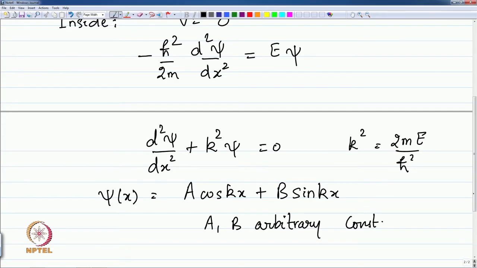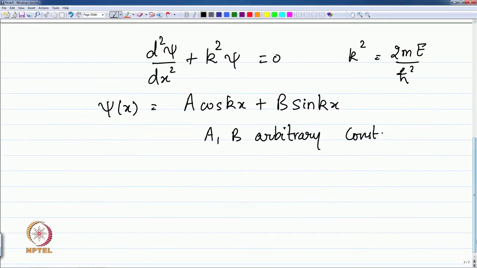Now, if you look at that solution with the boundary condition that you have, namely psi of 0 is 0, immediately you have a is equal to 0, because cos kx is 1 and sin kx goes to 0, therefore a is equal to 0.